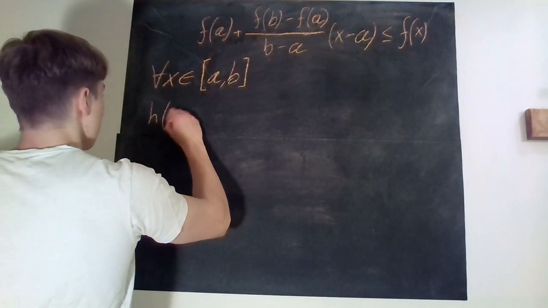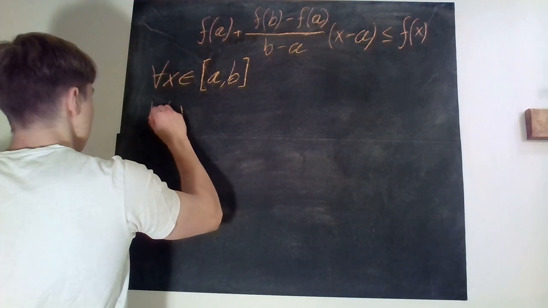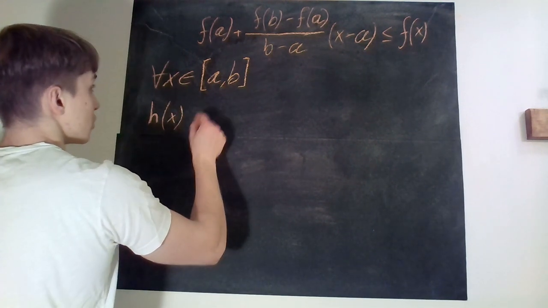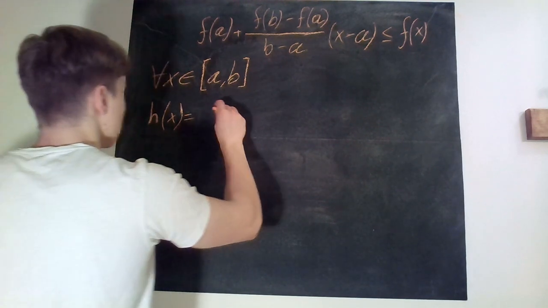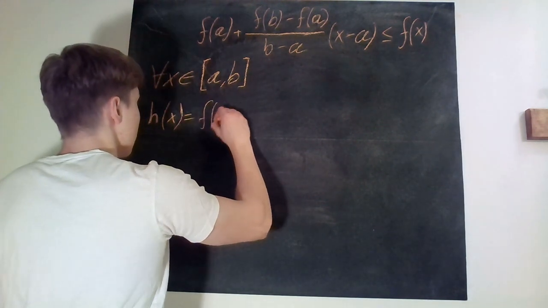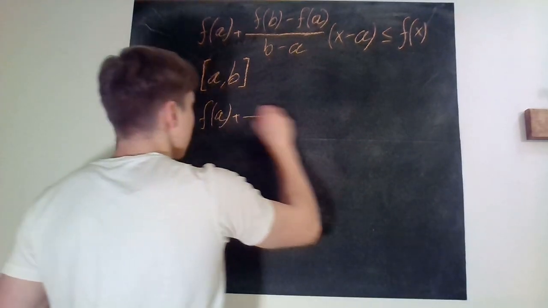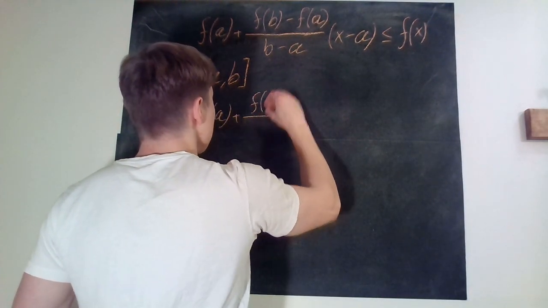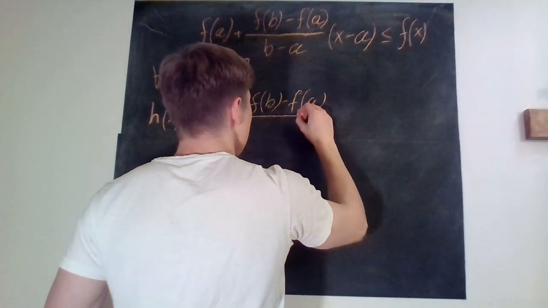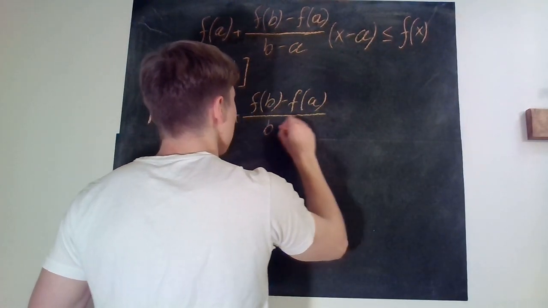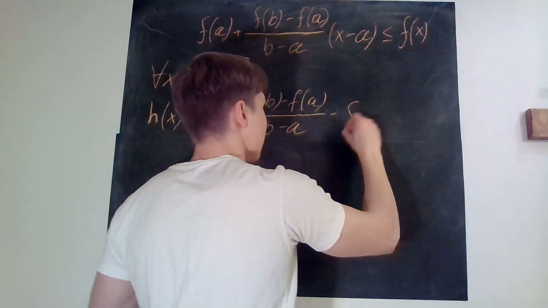And now, to do this, we denote a help function. We call it h of x. And this thing here is equal to f of a plus (f of b minus f of a) over (b minus a) times (x minus a) minus f of x.